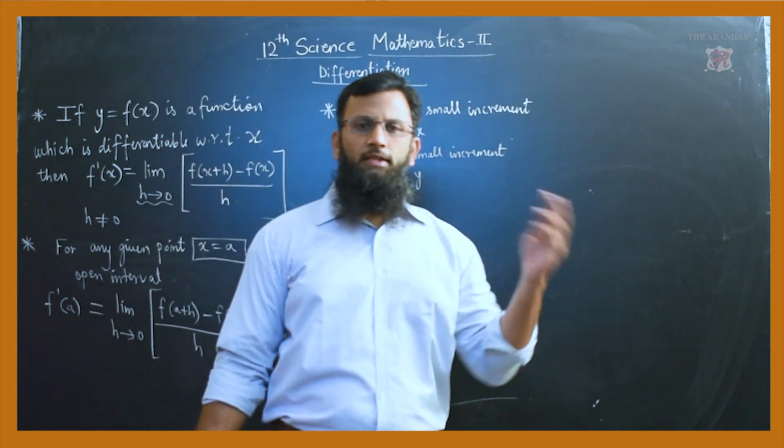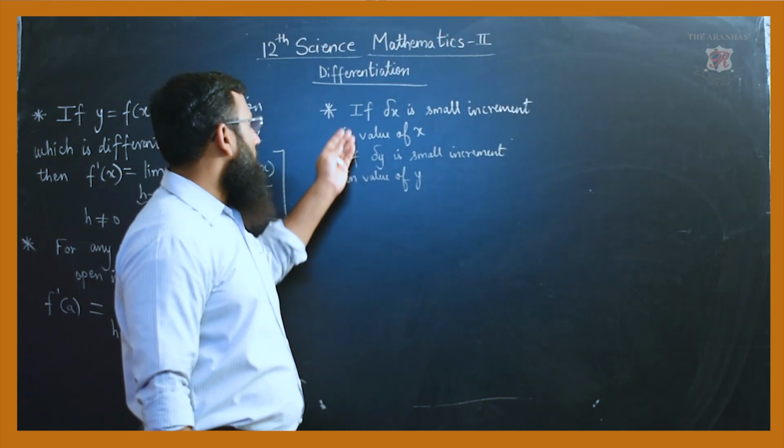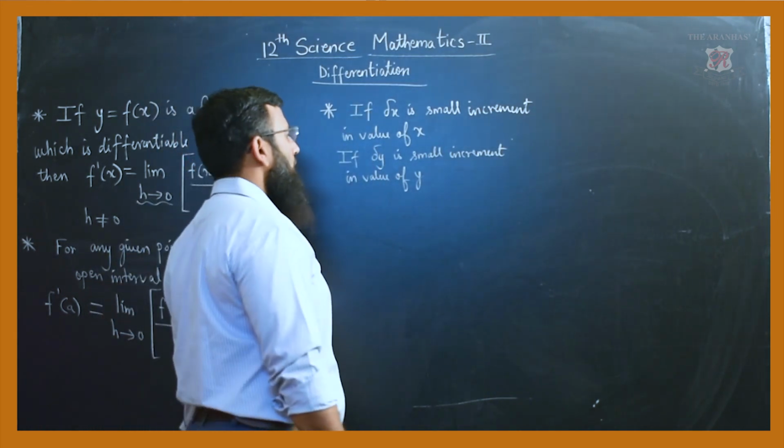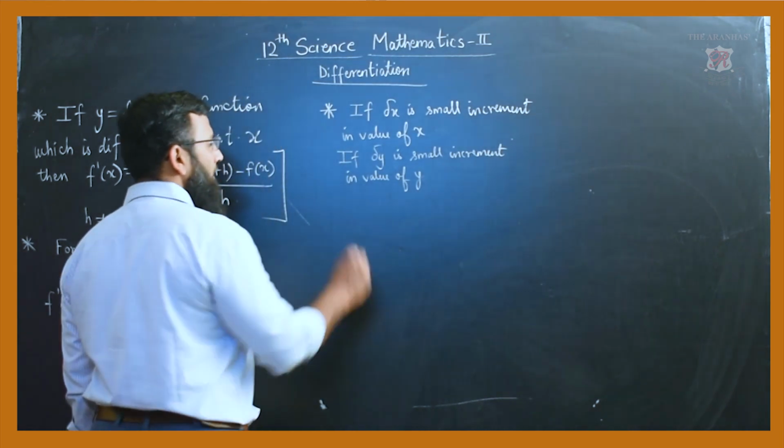These are two things. One is x, so its increment will be delta x. The other is y, so it will have a small increment delta y.